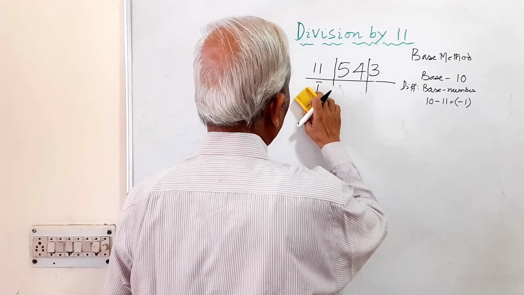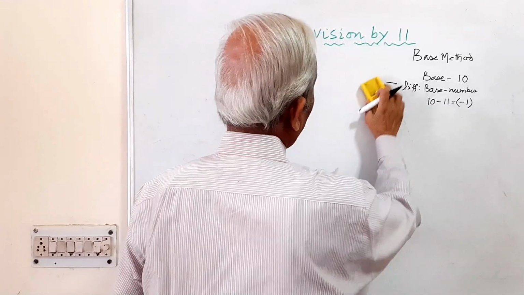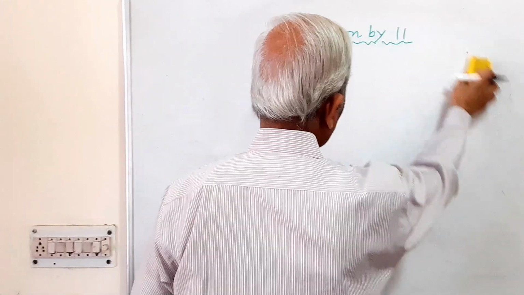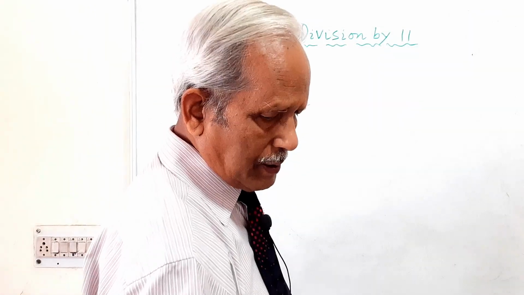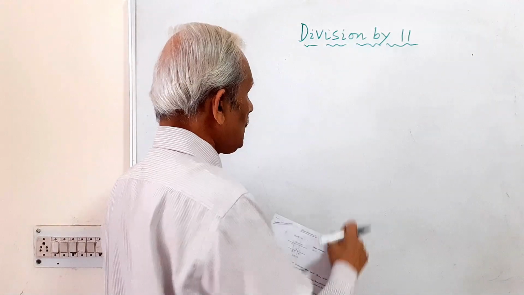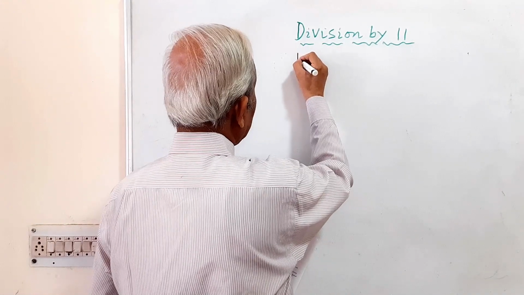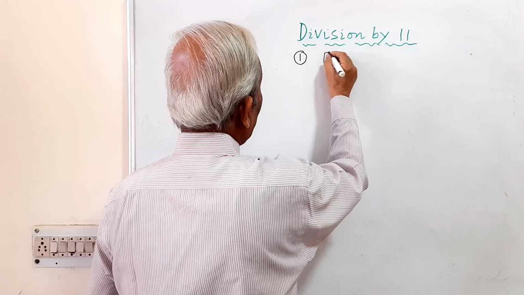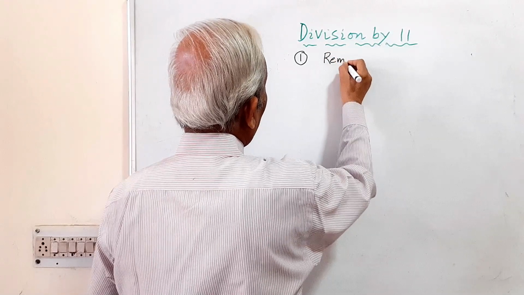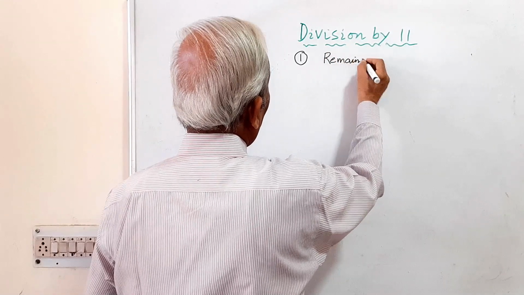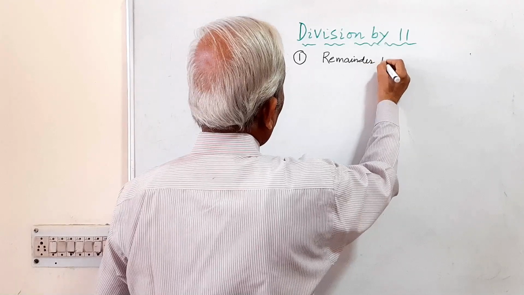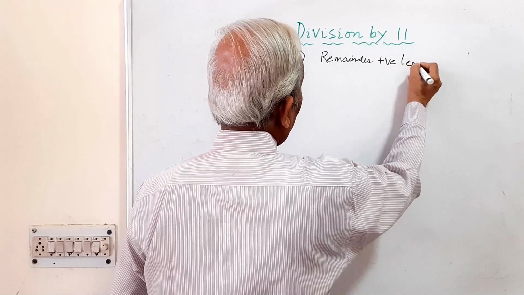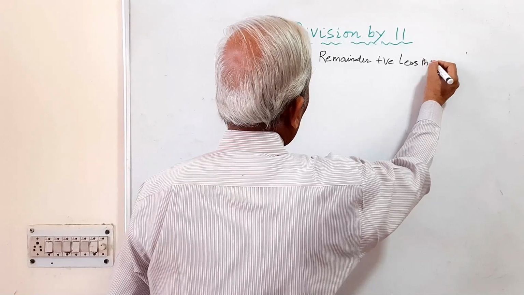Now, while doing this division with 11, few situations come. There are 3 situations. You should know about these 3 situations. The first situation is the remainder positive, less than divisor.